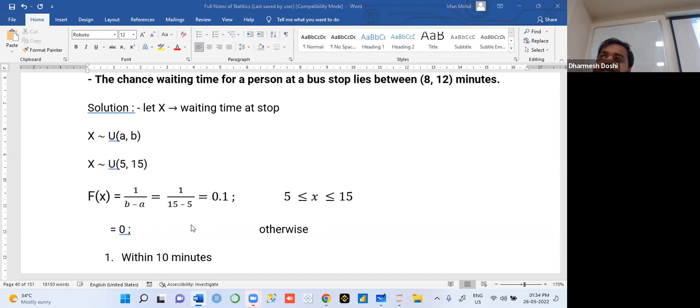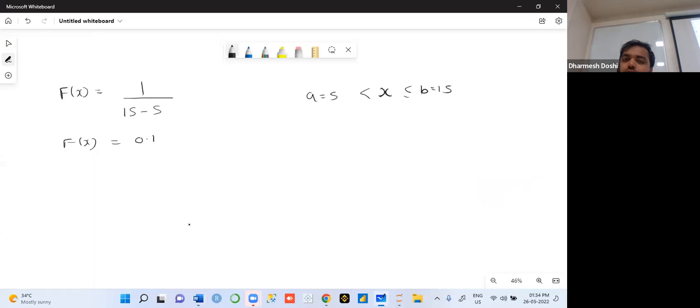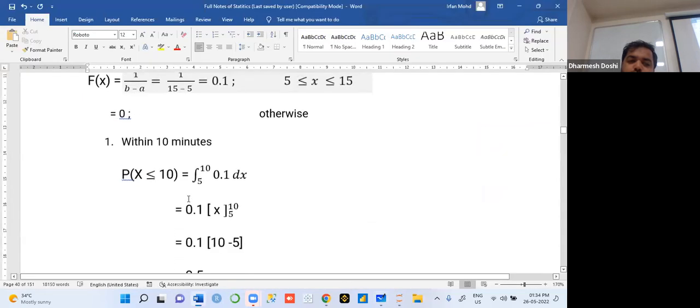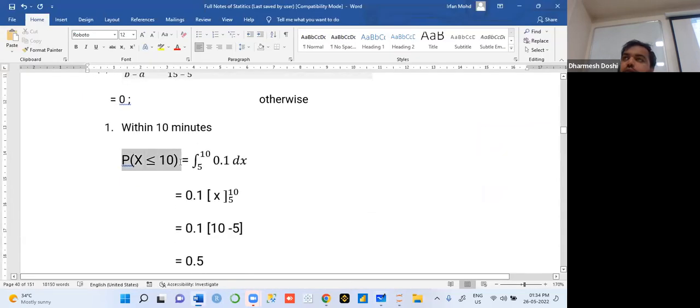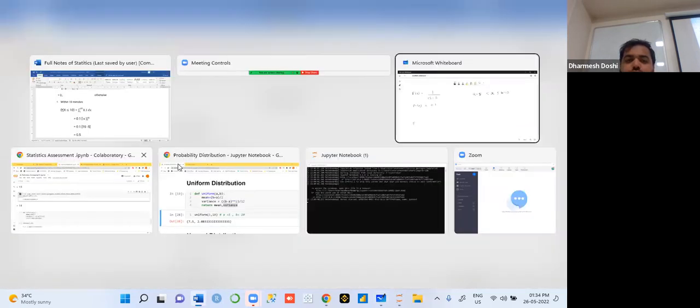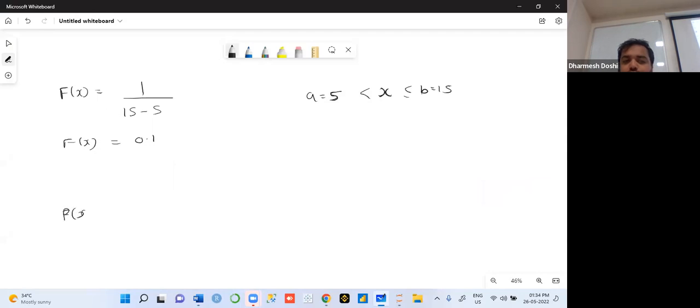So within 10 minutes means, guys, what is the minimum we have to wait? Minimum is 5. So can I say X value is less than 10? We write it this way: P of X less than 10. So at most 10 minutes, minimum 5.